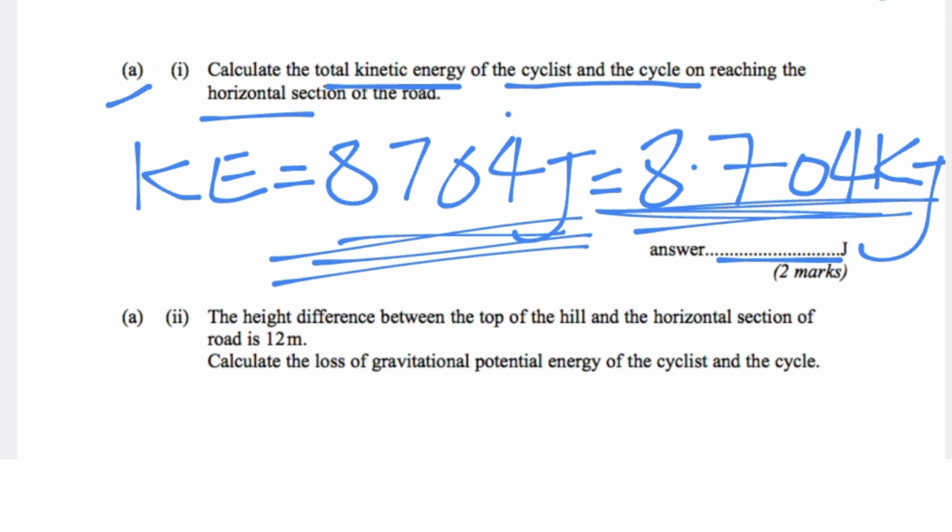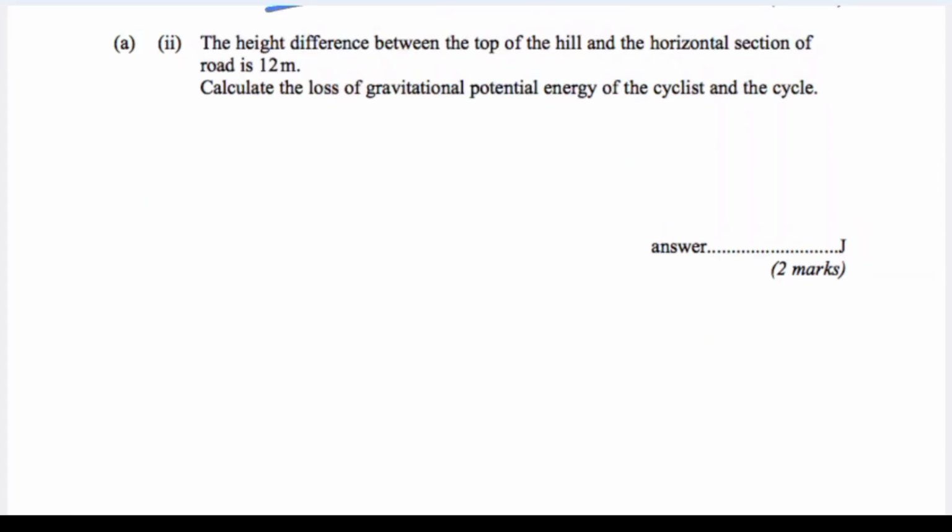Okay, so now we can go to the other question. It says the height difference between the top of the hill and the horizontal section of the road is 12 meters. Calculate the loss of gravitational potential energy of the cycle and the cyclist.